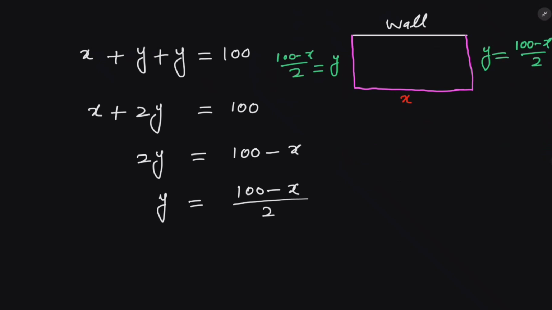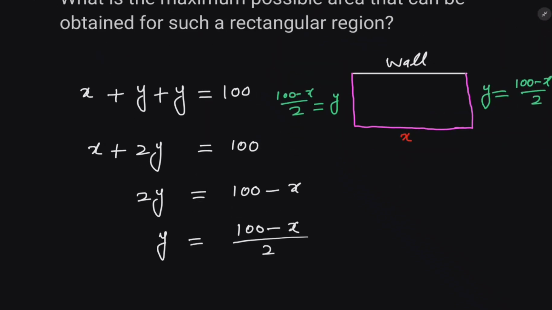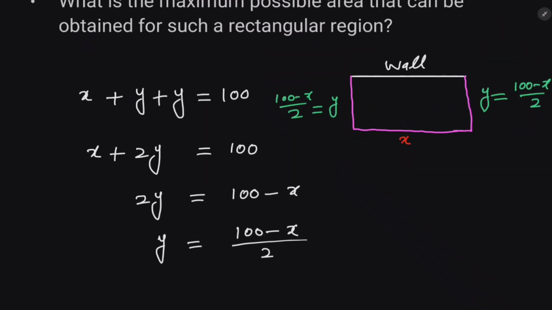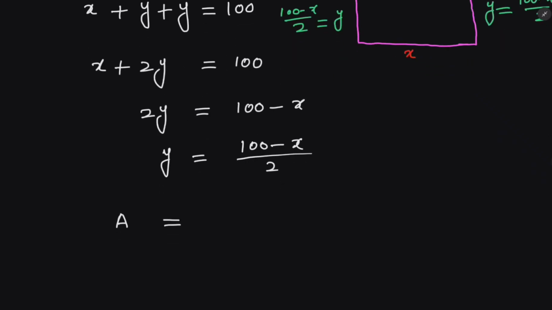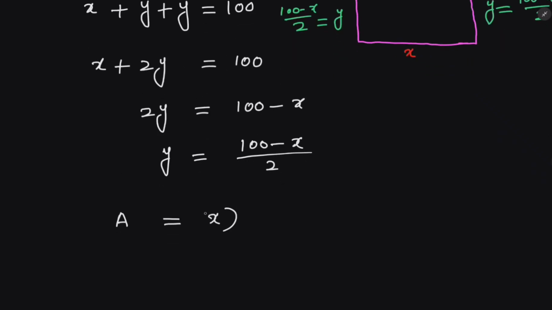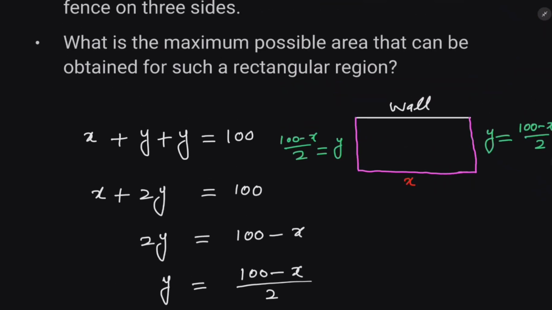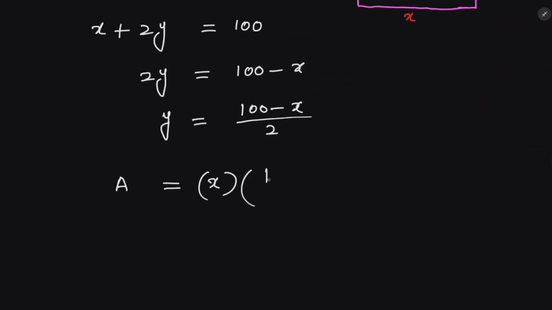Now we want to find the area. Area means length, which is x, multiplied by the width, which is (100 minus x) by 2. That's how you find the area. But the question is not done yet, we have to find the maximum area.